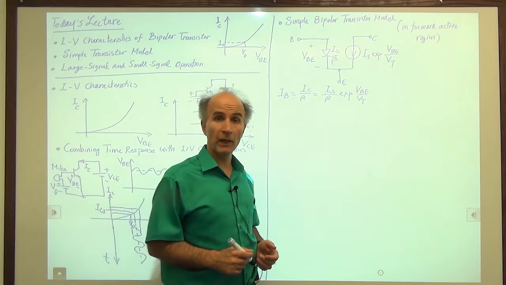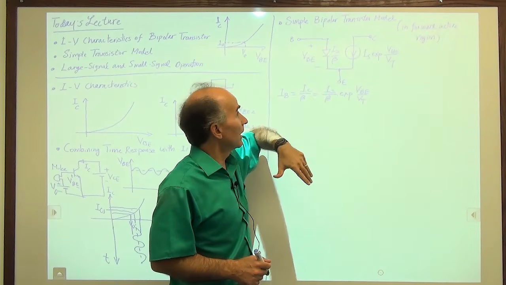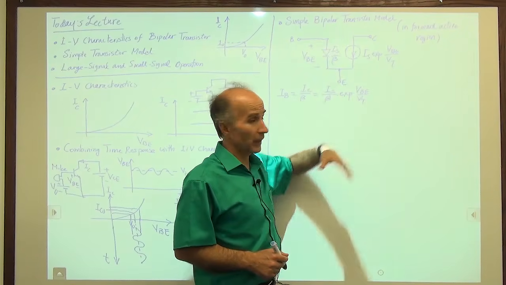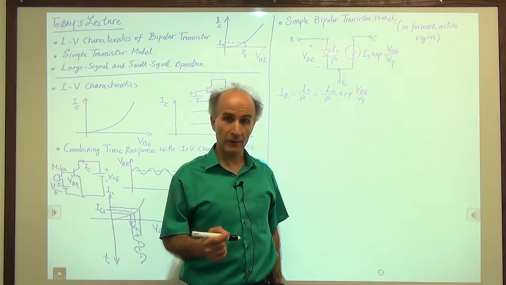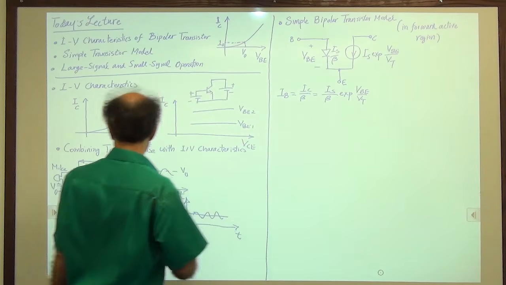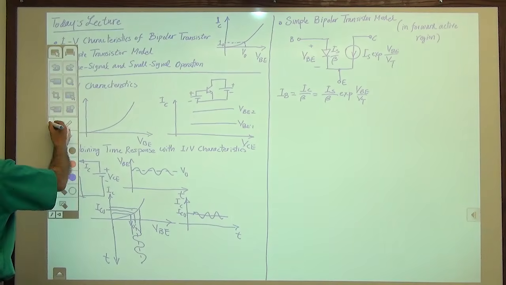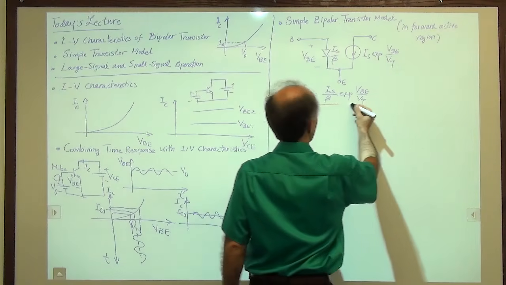Now, intuitively, you might expect that this exponential dependence might give us some trouble in calculations. It's a nonlinear function. So let's see. Maybe it does, maybe it doesn't. Let me change the color of my pen, and we go and try something.